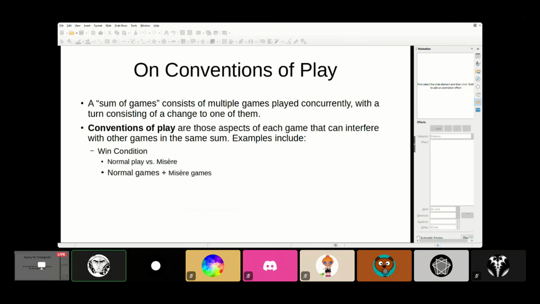The win condition. In combinatorial game theory, we have these two methods of play that we often encounter, normal play and misère. Basically what they say is, in the empty position, where you can't do anything, either you've lost in normal play or you've won. And so the simplest way to get a contradiction is to say, well, what if we're playing some of each of these at the same time? You have no moves, but there are some games saying you lose and some games saying you win.